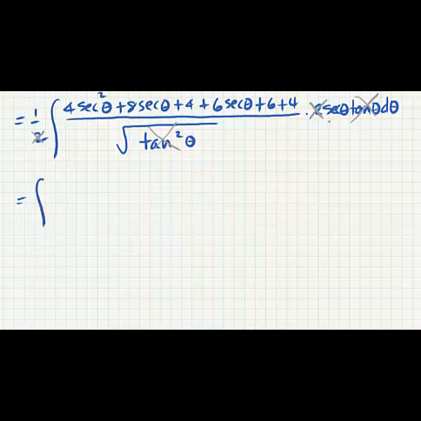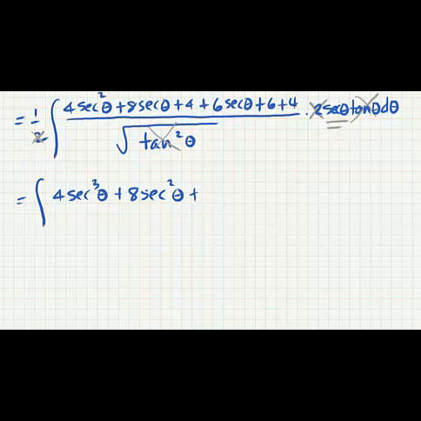So now we're going to distribute this secant right here over to this quantity, not making mistakes. So 4 secant cubed of theta plus 8 secant squared of theta plus 4. Let's get all our constants together.